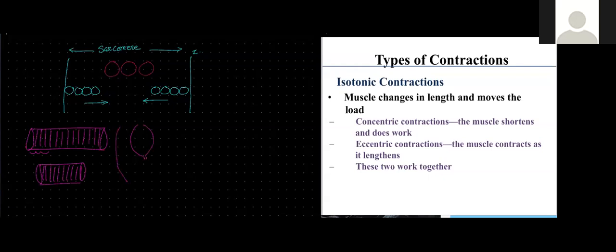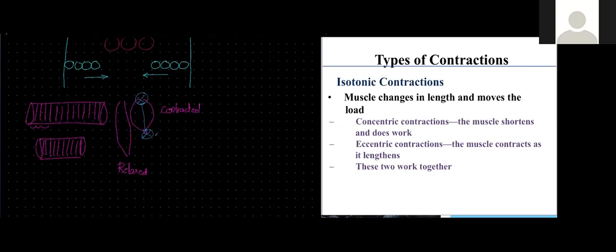So this is a relaxed muscle, and this is going to be a contracted muscle. In a contracted muscle, you are reducing the length of the muscle, and this will allow you to pull either the insertion or the origin towards the other point. This is briefly what we've discussed last time.